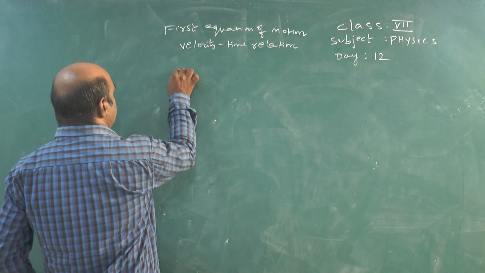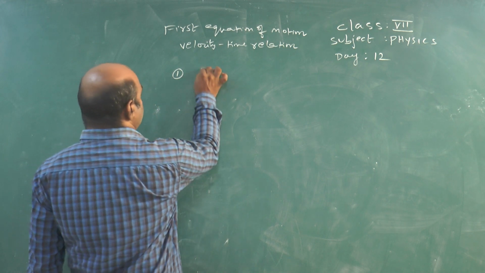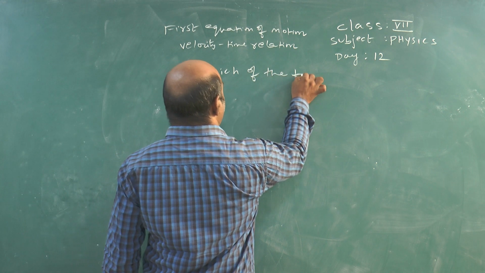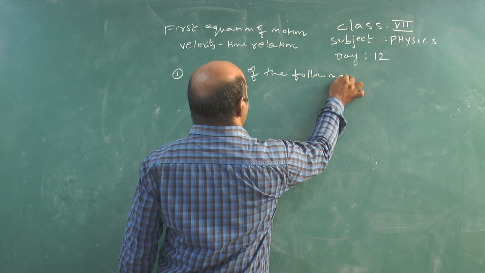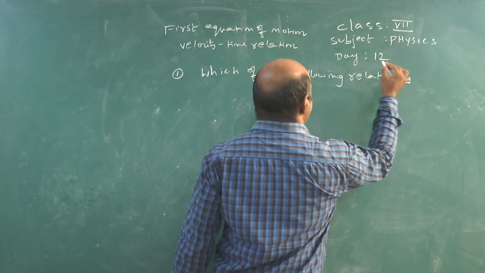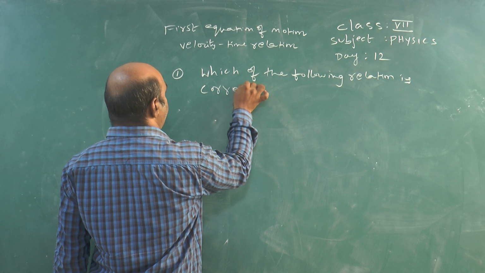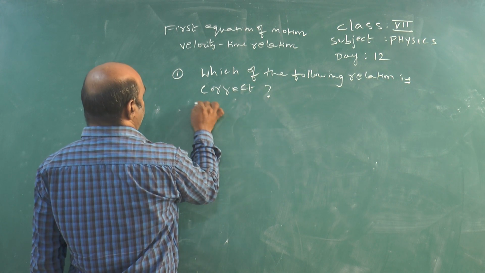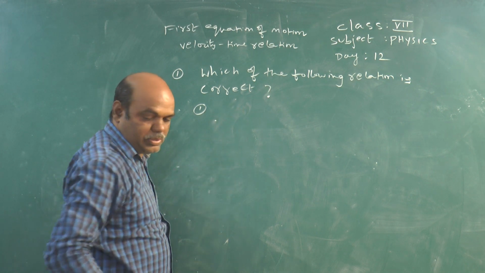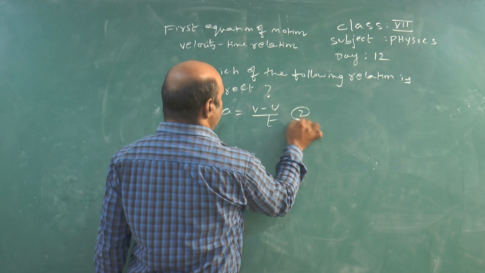The first one is: which of the following relations is correct? First one is a equal to (v minus u) by t.